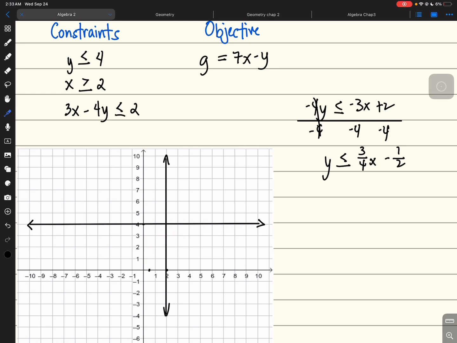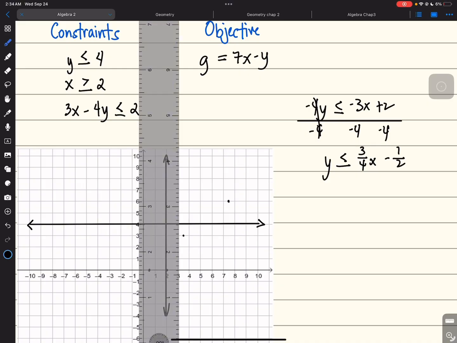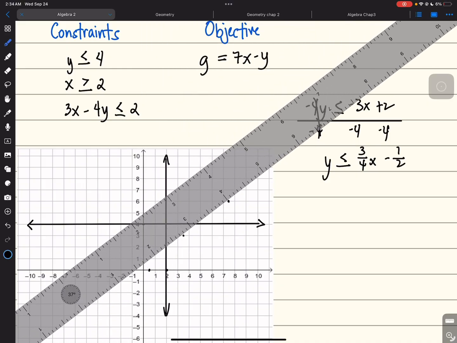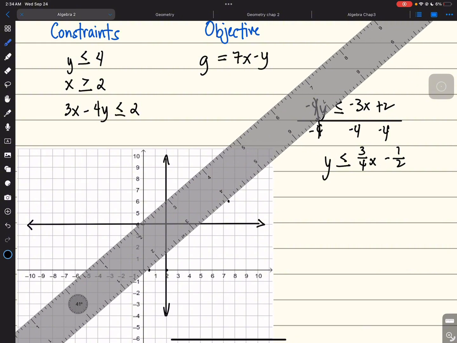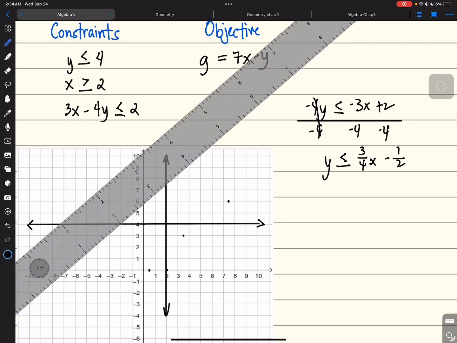So that is our second point over here. Let's make another one. So rise 3 times, 1, 2, 3, then run 4 times, 1, 2, 3, 4. So your third point is there. And then let's connect the dots. Okay, give me 1 sec.